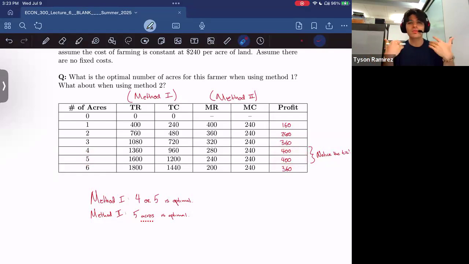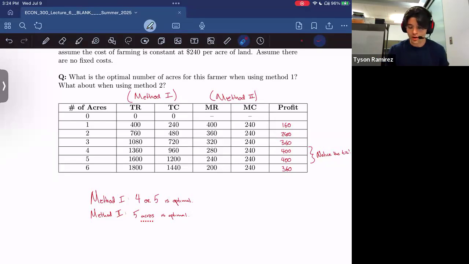So this means I'm getting market share. If I know that I could go with 4 or 5, that they both maximize profit, let me go ahead and employ 5 units of land because I'm going to be selling more of my stuff. Even if the profit is the exact same, more of my stuff is being sold on the market and I'm capturing market share.